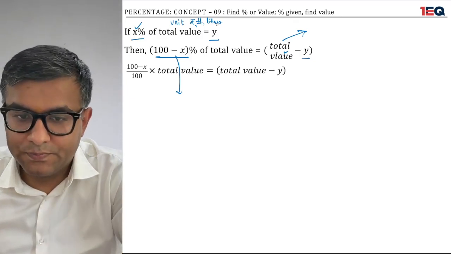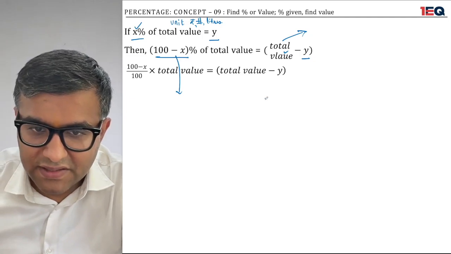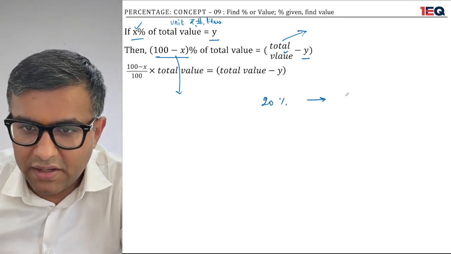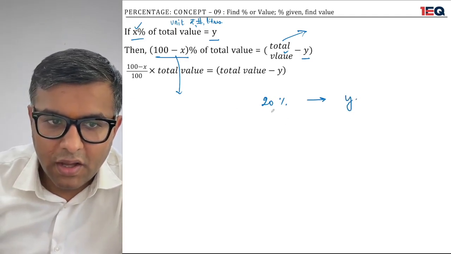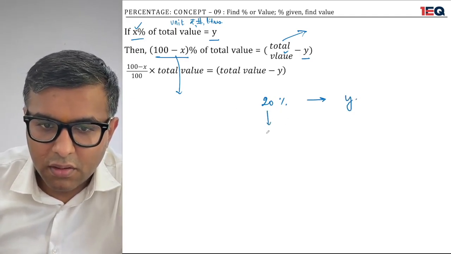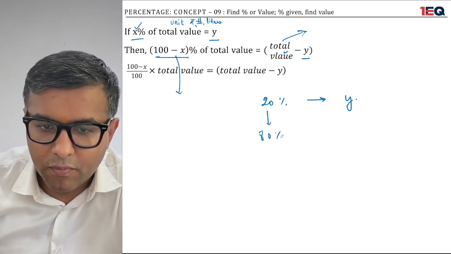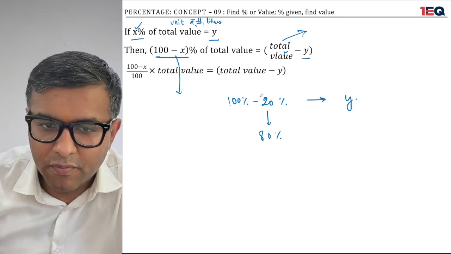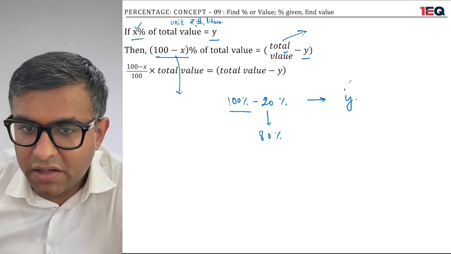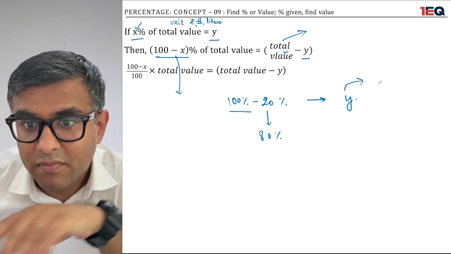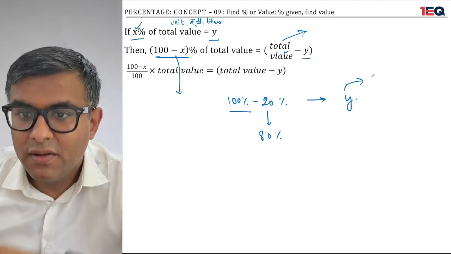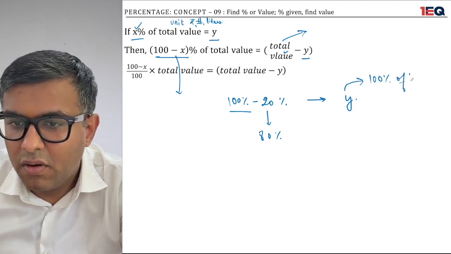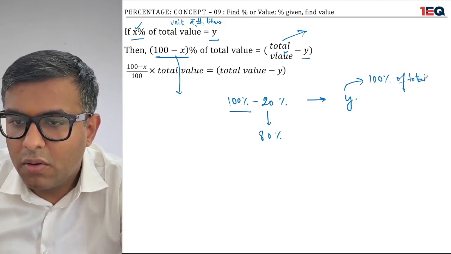I'll tell you how. If there is something called 20% and it is equal to y, if I am reducing it to 80%, it means I am taking away 100% from here. Then I would have to take away 100% from here as well. And 100% of what? 100% of total value.